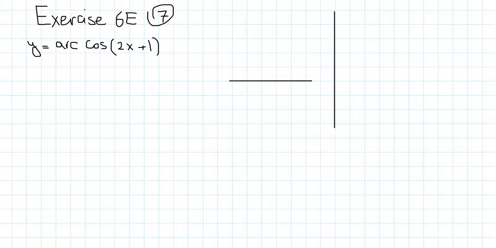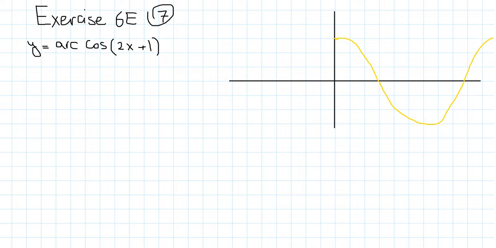If you check my videos on my channel, you can understand how to draw the graph of cosine x easily. At first I know the cosine x starts from up, goes down, passes from here, goes down and comes here and comes up.